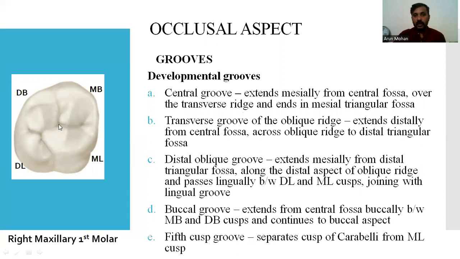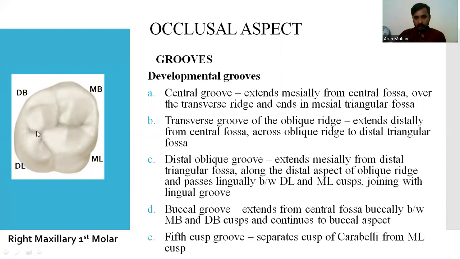The transverse groove of the oblique ridge again starts from the central fossa. It extends distally, crossing the oblique ridge of the maxillary molar and moving distally. The distal oblique groove extends mesially from the distal triangular fossa. This is the distal triangular fossa.